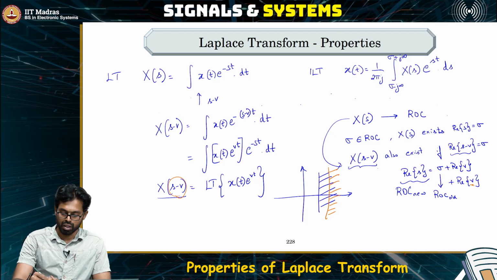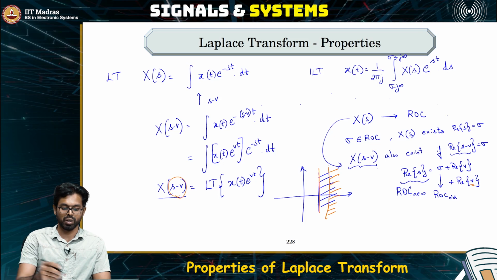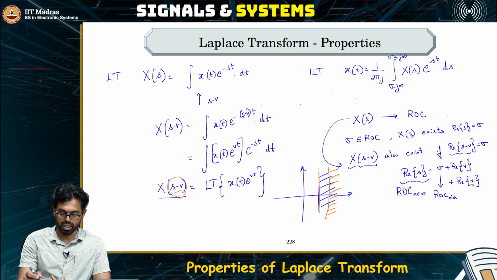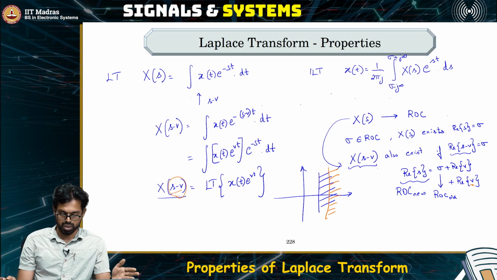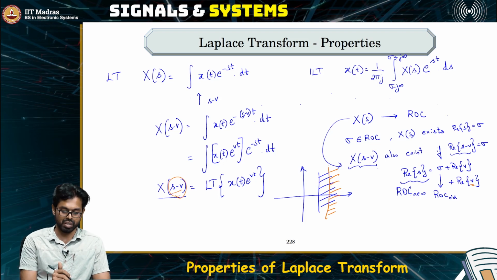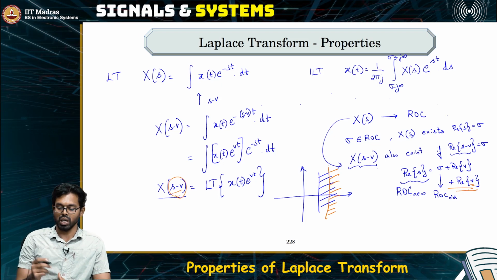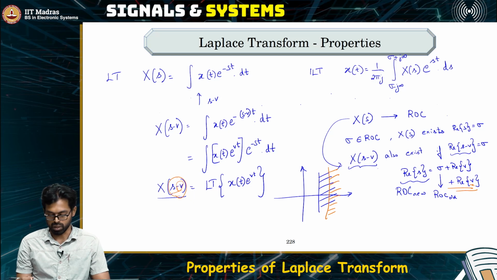So if you had a signal which is evaluated over the s plane and you are shifting the s value by some minus v, it is shifting the entire thing to the right side. And that is exactly what is happening here, it moves to the right. If v was negative, then you get s plus v, then things would move on the left hand side. So the new ROC is shifted by the amount which is equal to the real part of the shift here in the Laplace domain.